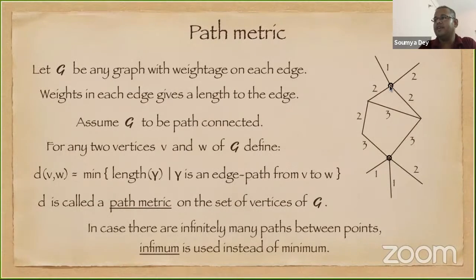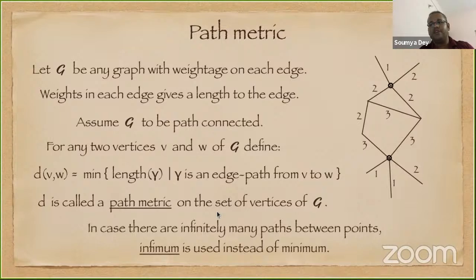I can see that if you go via this 2 and this 3, this is the least possible edge path length, so the minimum would be 5. So you say that the distance between V and W is 5. And we say that such a metric is called a path metric on the set of vertices of the graph.